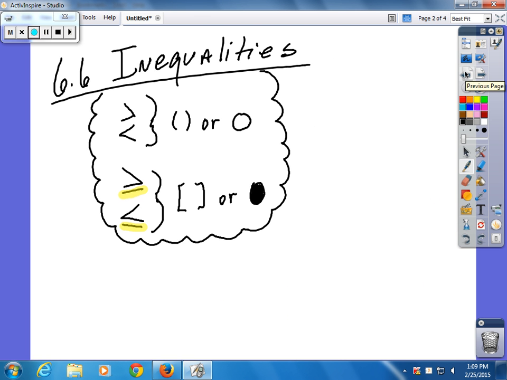I say these guys go with these, and these guys go with these. And then when you put it in a mathematical sentence, then you can say less than or greater than, whichever one it is. It all depends on if you read from left to right or right to left. That's what I'm going to say. Okay? Doesn't matter.